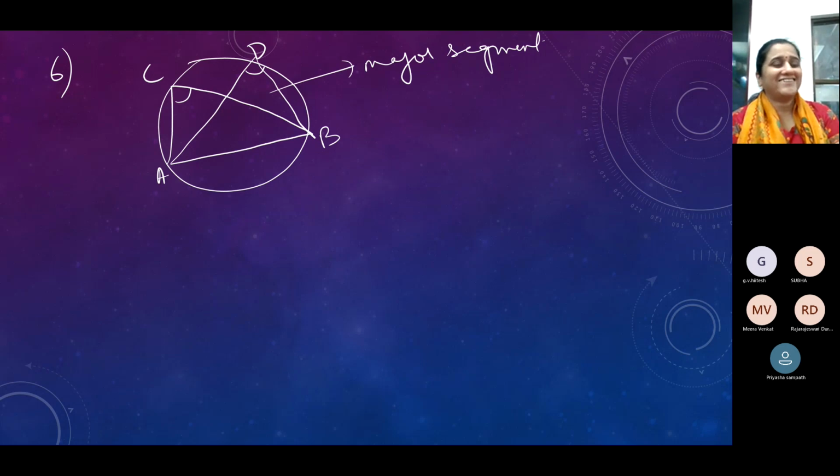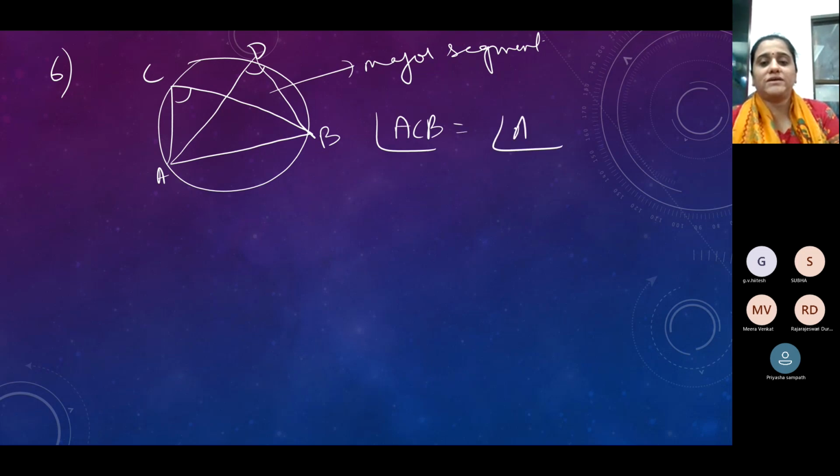Okay, so here angle ACB is equal to angle ADB. Angles in the same segment of a circle are equal because both the angles are in the major segment. C and D are points on the circumference of the major segment. Angle ACB, ADB, they're equal.